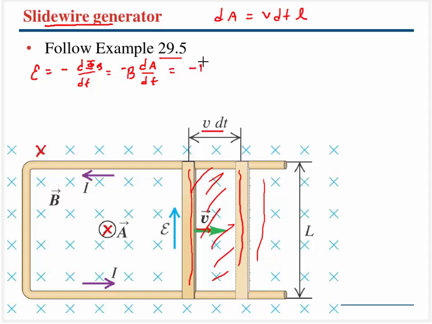So we have negative magnetic field, and then dt, velocity dt multiplied by length. And there's a little bit of mathematics here, but these dt's are essentially going to cancel out, and we're left with negative magnetic field, velocity, and length of the wire. It's going to be the induced EMF.